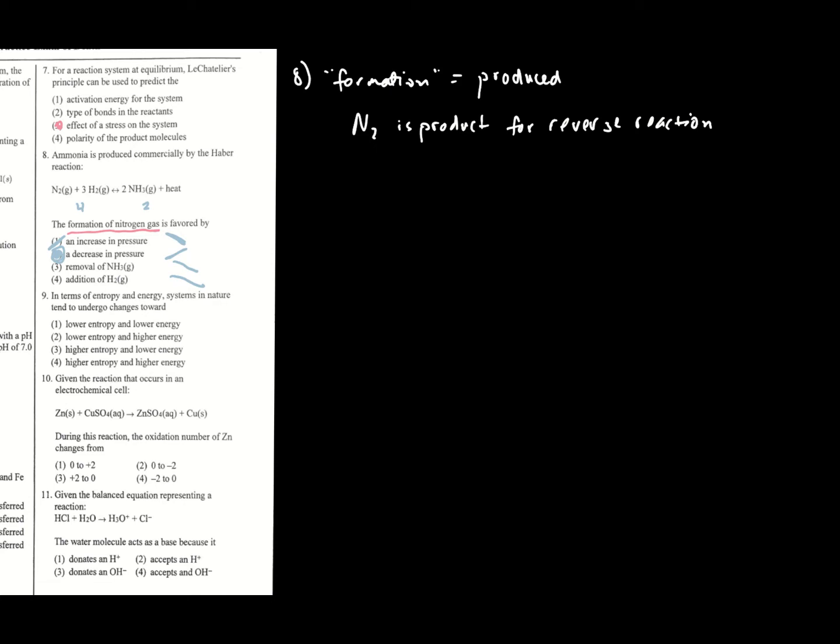Number 9. In terms of entropy and energy, systems in nature tend to undergo changes toward something with high or low entropy. So this is what we call a spontaneous reaction. The universe favors these 2 conditions. High entropy, that means a lot of chaos and disorder. And it also favors lower, more stable energies.